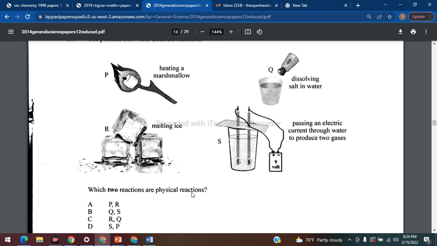Now, when we say physical reaction, that's a reaction whereby it's reversible. What I mean by that is if we melt ice, it becomes what? Water.